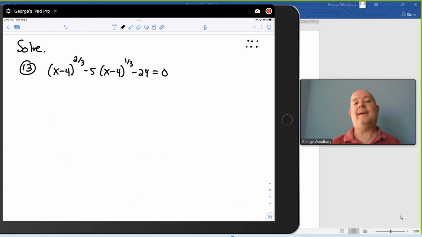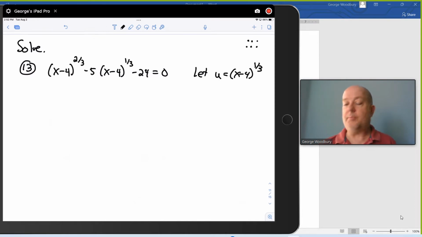And here, that's the x minus 4 to the 1/3 power. So I'm going to let u equal x minus 4 to the 1/3 power. Then that also tells me that u squared will be x minus 4 to the 2/3 power.